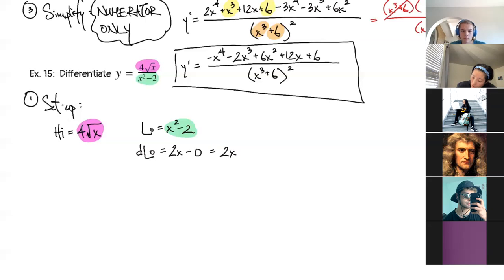Now, when I think about finding the derivative of the high function, 4 square root of x, it might be more helpful to write high as 4x to the 1/2.